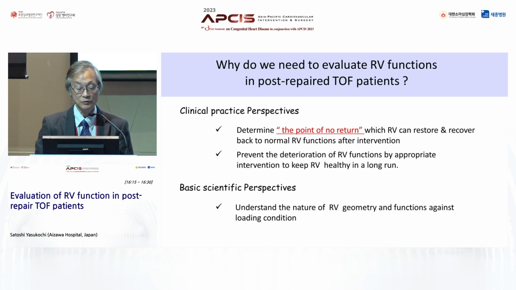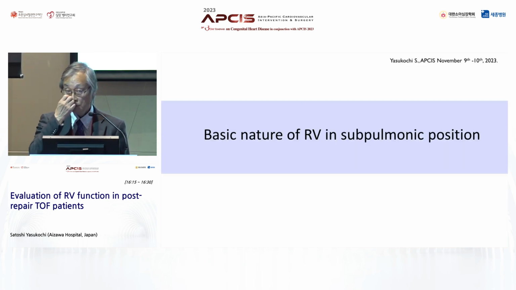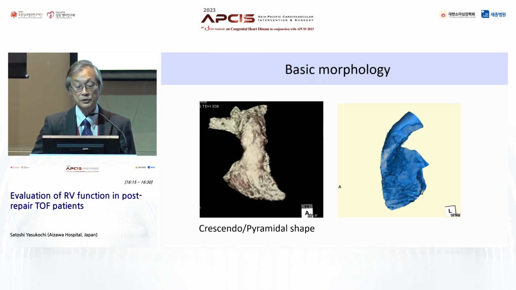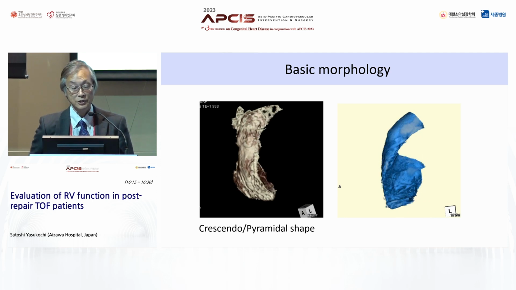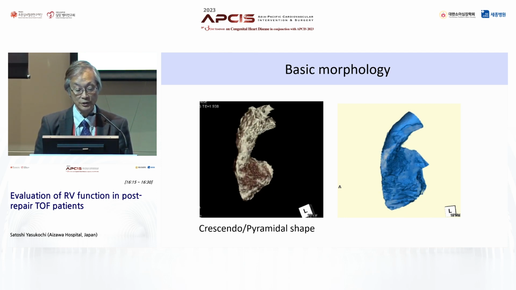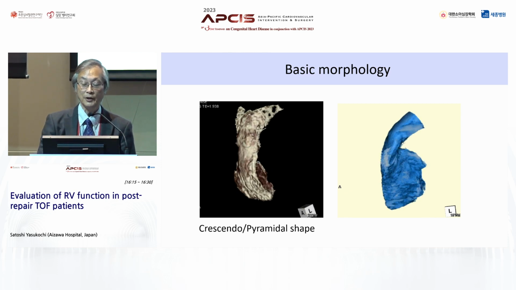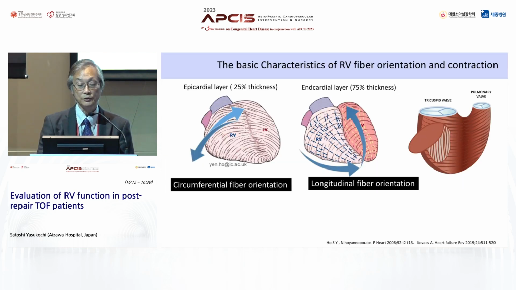From the basic point of view, to understand the nature of the RV geometry and functions against loading conditions. Before we start, the basic morphology of the RV in the subcostal position is a crescent shape with a pyramidal shape, and contraction starting from the apex toward the outflow. The RV myocardium has two layers.